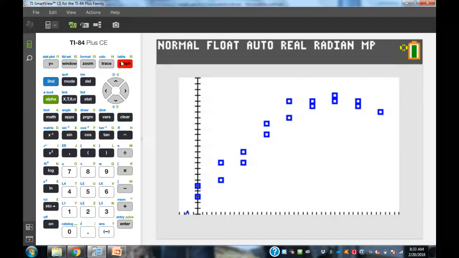Hit graph. Remember, I've got that scatter plot already drawn there. So there I see the parabola I've made going through my data, and it looks like it fits pretty good. It's right in the middle of all of them.